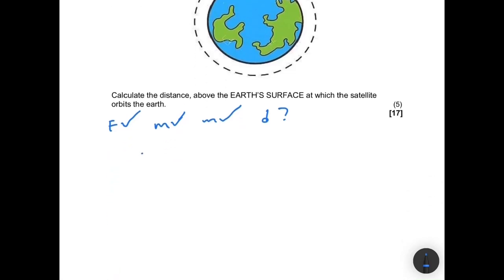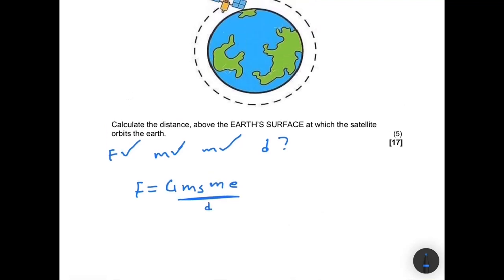So we're saying that F is equal to G, that G being a constant, right? And then the mass of the satellite, the mass of the Earth, divided by the distance between them squared. The distance between them will be equal to the radius of the Earth plus the actual distance between the Earth and the satellite, right?